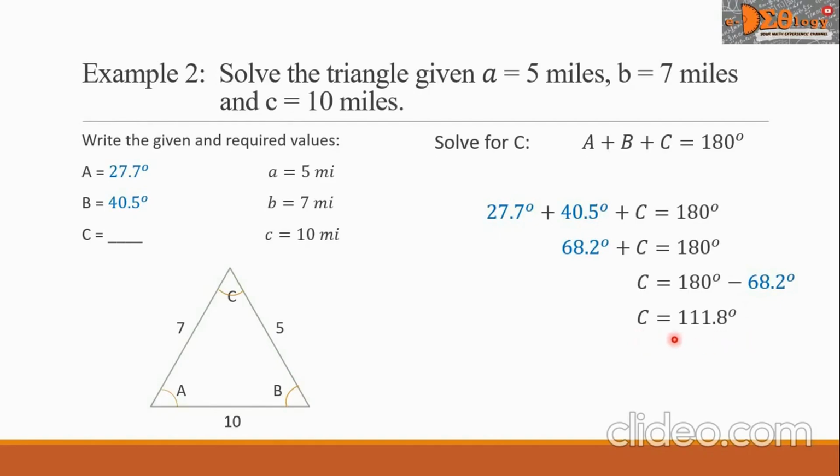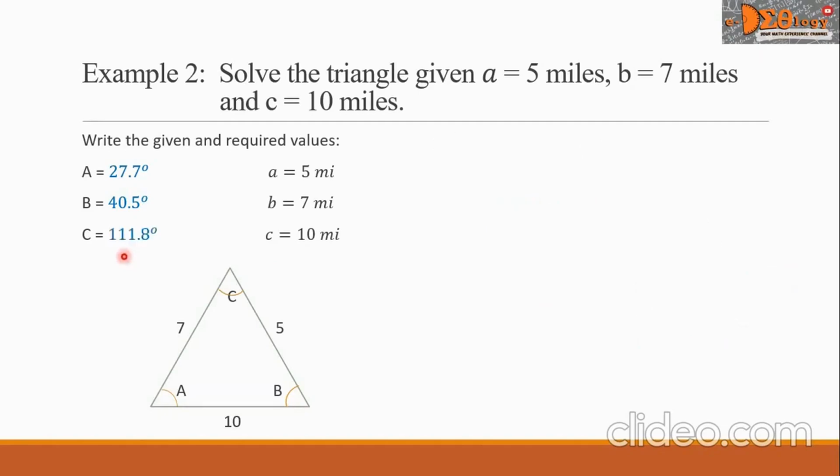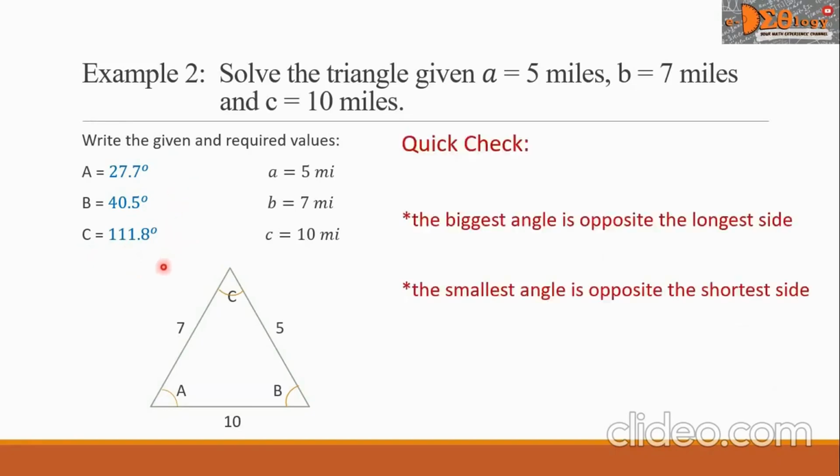We will copy this value on the blank here. So we are now complete with the required angles. Just a quick check. The biggest angle is opposite the longest side. In here, the biggest angle is angle C, which is 111.8 degrees, and the longest side is side C, and that is 10 miles.